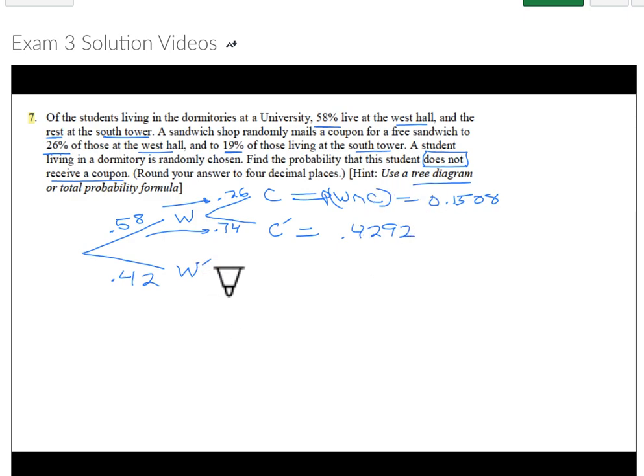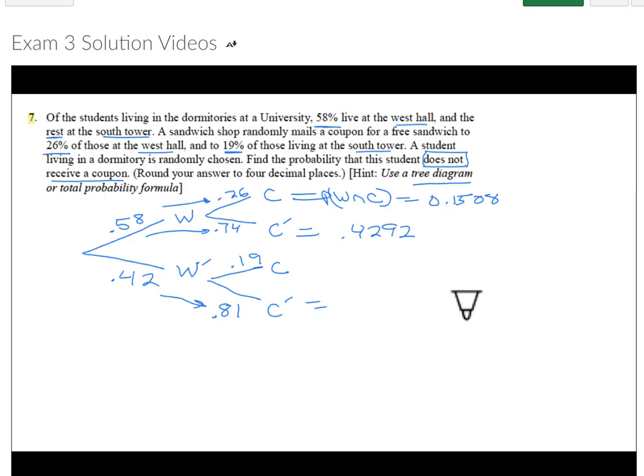And then the same thing, those not living at West Hall, but at South Tower, their chance of getting a coupon was only 19%. So their probability of not getting a coupon would be 81%. And again, what we want to see is the probability that they do not receive a coupon. So we go along this path.